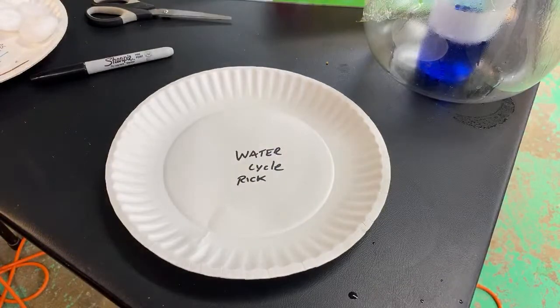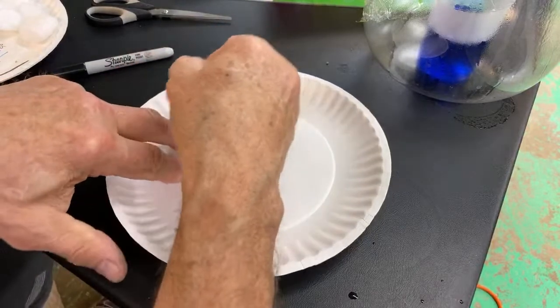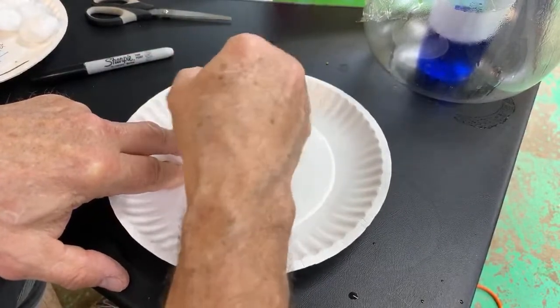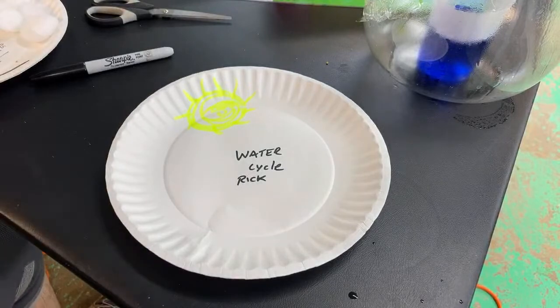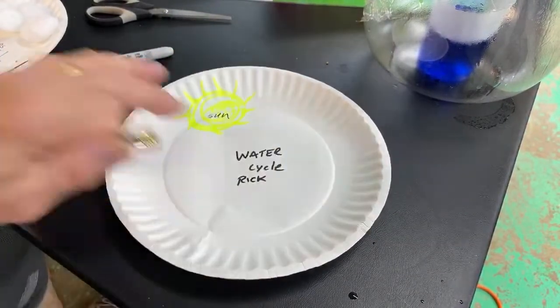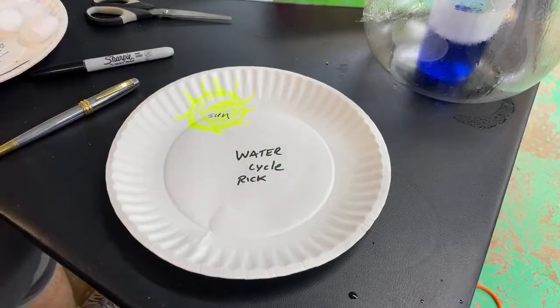The sun is the most important part, so I'm going to put my sun over here. The sun is the energy that drives all this. We'll go ahead and label the sun. S-U-N. There's my sun.